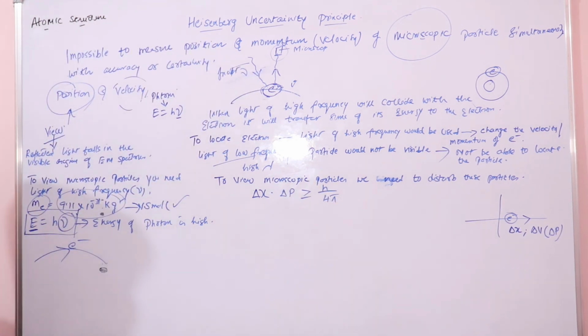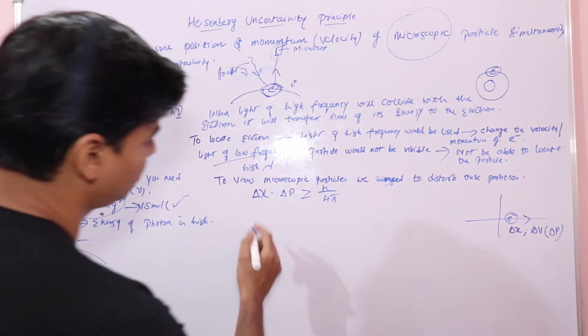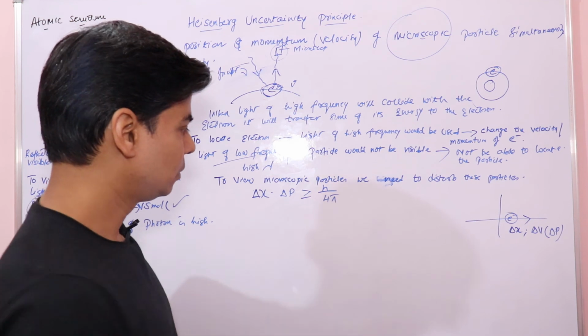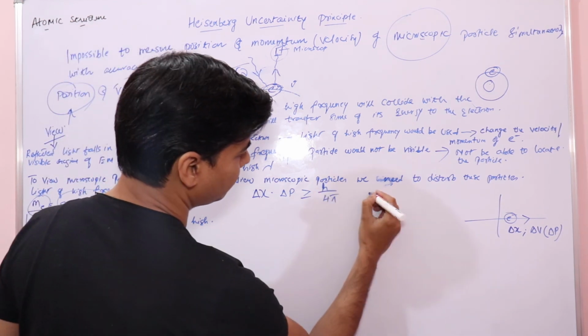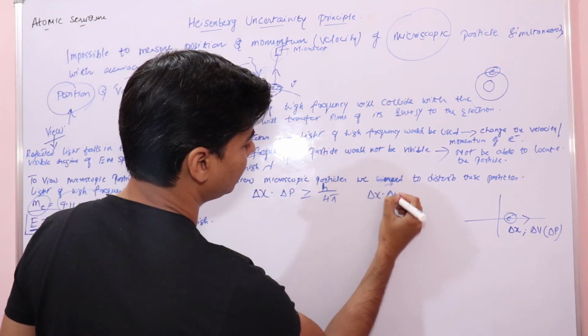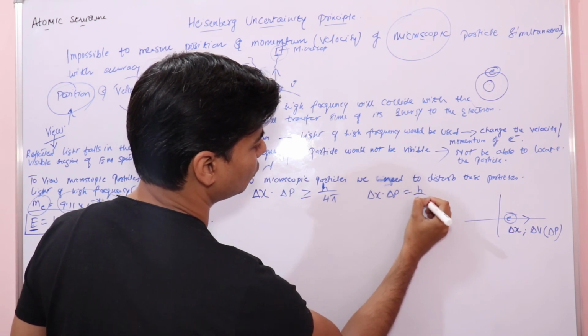This is a constant. This is the mathematical expression for the Heisenberg uncertainty principle, which states that the product of uncertainty in position and uncertainty in momentum is a constant, h upon 4 pi.